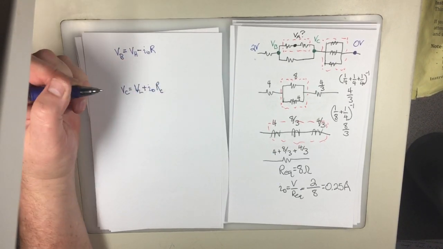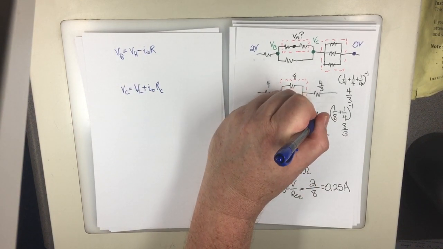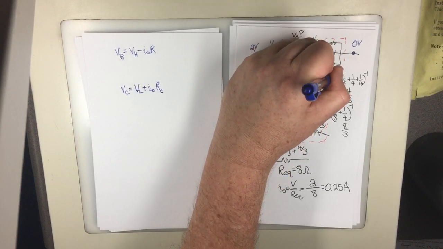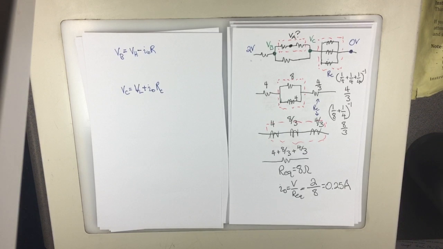R sub C, and R sub C is this guy. R sub C is those 3 resistors in parallel. I'm gonna treat it as one resistor. This is why I keep track of all my intermediate resistances, because it just makes things faster.